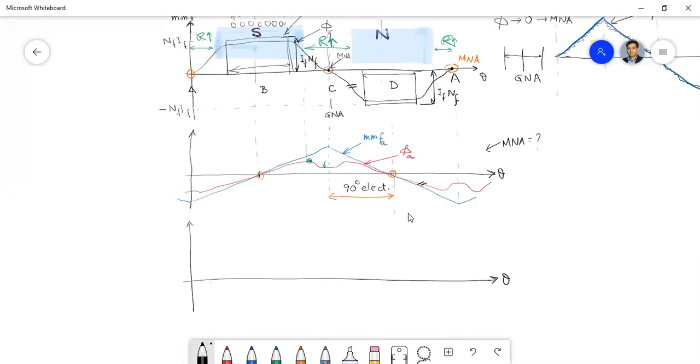So what should be the distribution? Now here you see, here it gives 0 and here it gives this point. So that means if we add these two, I will get this value only, isn't it? So let me plot this value. So this is one point I am getting.